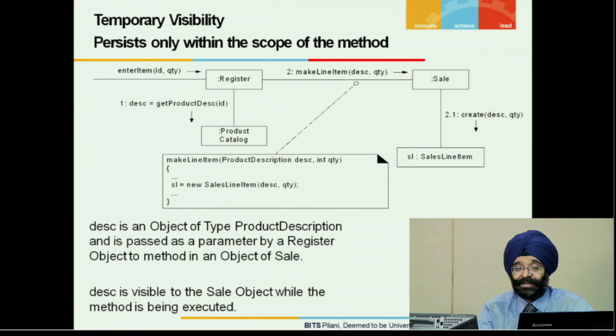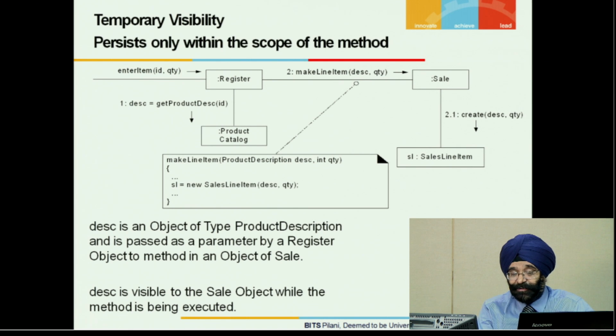The reference to the sales line item object is called SL. So an object of sale class has been handling all this for us. In the sale class itself, there is a constructor method which creates this particular item, and this particular item called SL could be saved.